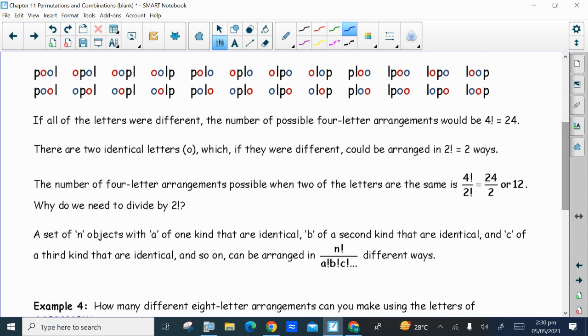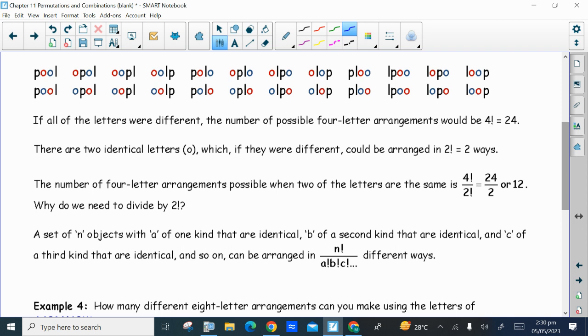But because there are 2 identical letters, 2 O's, if they were different, they could be arranged in 2 factorial or 2 ways. But the number of 4-letter arrangements possible when 2 of the letters are the same, which we know is going to be 12, can be found by going 4 factorial over 2 factorial. That's how we get our 12.